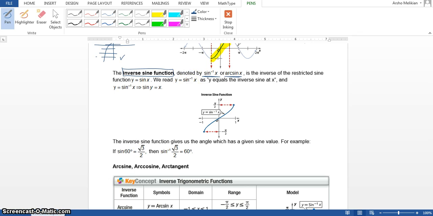And what it means is this: if I have y equals inverse sine of x, that means sine of y is equal to x. So if I take the sine of y, it equals x.